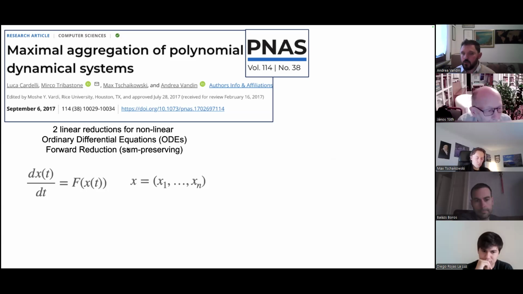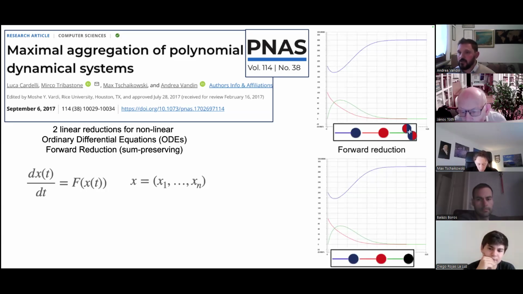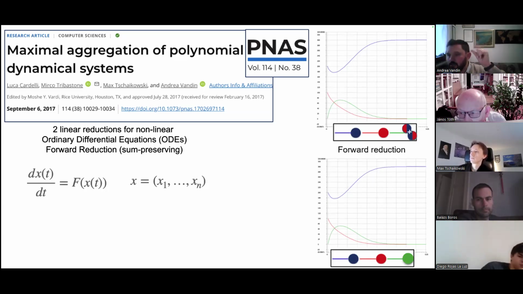The second family of reductions, which is connected to what we're going to tell you today, is the so-called forward reduction. We also call it coarse graining. It is becoming a hot topic nowadays in network theory. So the idea is that in this model, we have 4 variables, but only 3 traces. Why? Because let's say we are not interested in studying red, blue, and blue, red, which are 2 different variables. We are interested only in their sum.